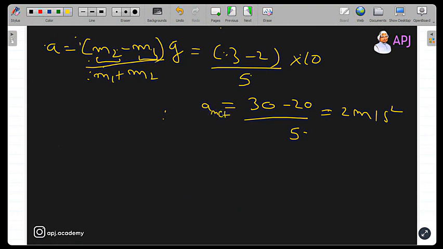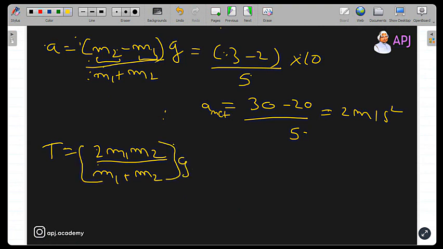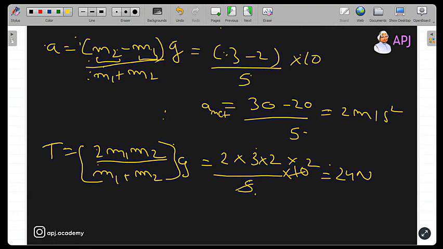Such an easy question, nothing more. What is the tension in this? What formula did I tell you for tension? 2 m1 m2 upon m1 plus m2 into g. So 2 into 3 into 2 upon 5 into 10. 2 into 2 is 4, into 2 is 8, into 3 is 24. 8 3s are 24. Tension is 24 Newton.